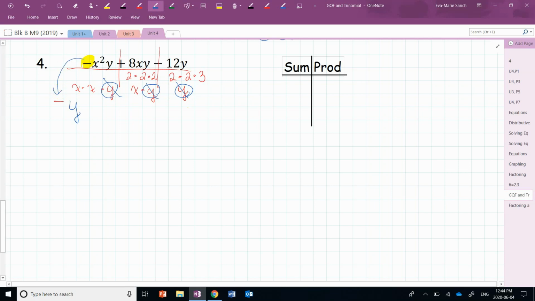So when we factor out the negative, it's like we're going to be dividing each of those terms by a negative. So when you divide by a negative, everything changes its sign. So a negative divides by a negative to give us the first term, which is going to be a positive. And what's left is x times x, so that's positive x squared. And then a positive divides by a negative to give us a negative.